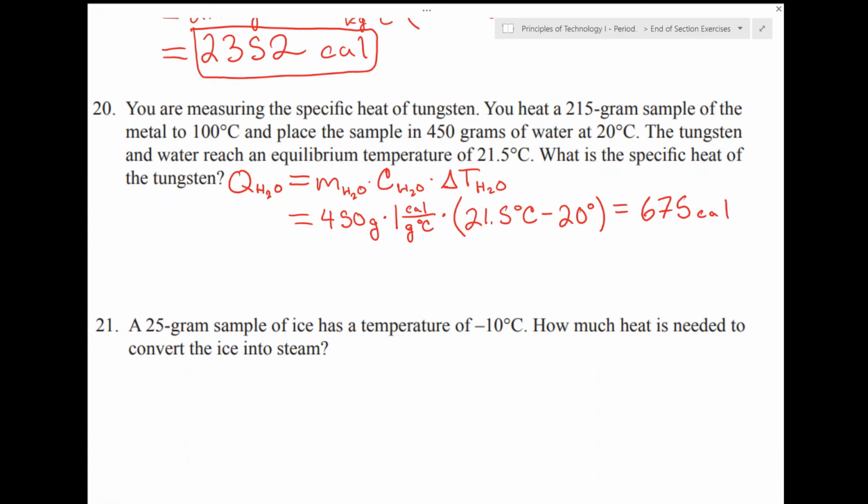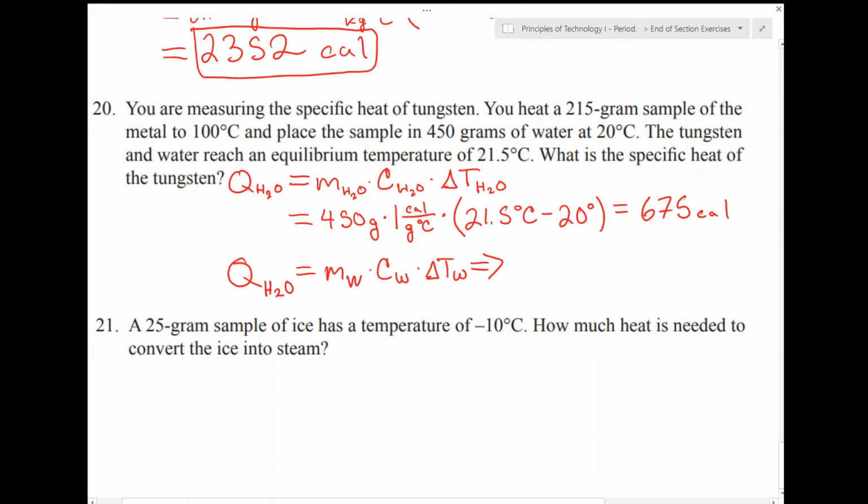Now we need to use the same equation to solve for the specific heat of tungsten. Because the heat that the water gained is equal to the heat that the tungsten lost, we are able to do that. So we'll have the heat that the water gained is equal to the mass of the tungsten, which the symbol for tungsten is W, times the specific heat for tungsten, which is what we want to solve for, times the change in temperature of the tungsten.